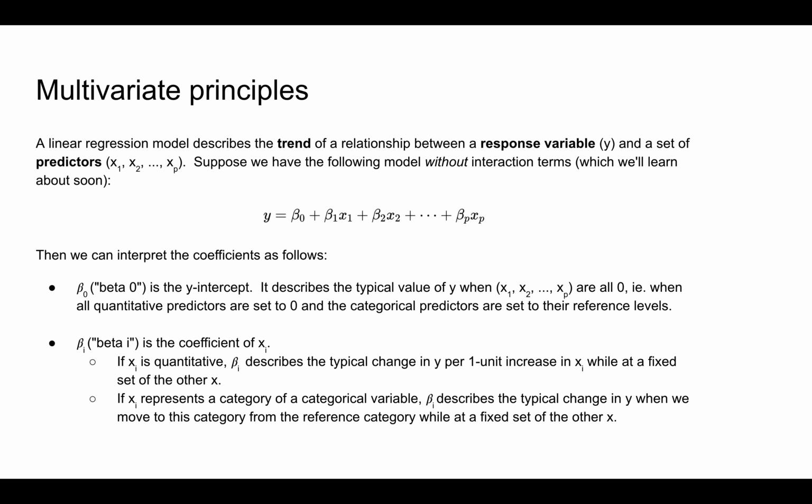Finally, if xi instead represents a category of a categorical variable, then its coefficient describes the typical change in y when we move to this category from the reference category, again while keeping all of the other x's the same. Or in other words, a categorical coefficient compares that particular category to the reference level.